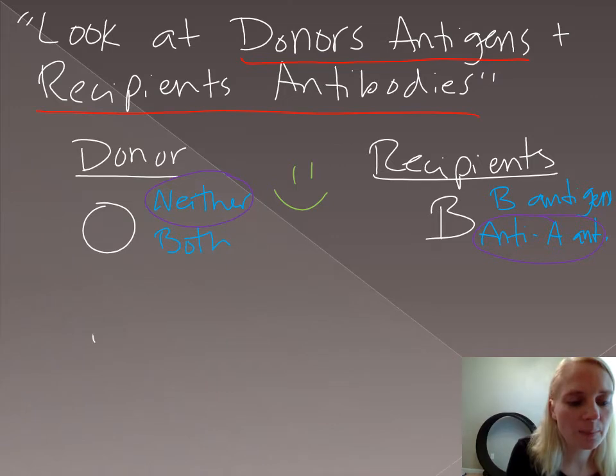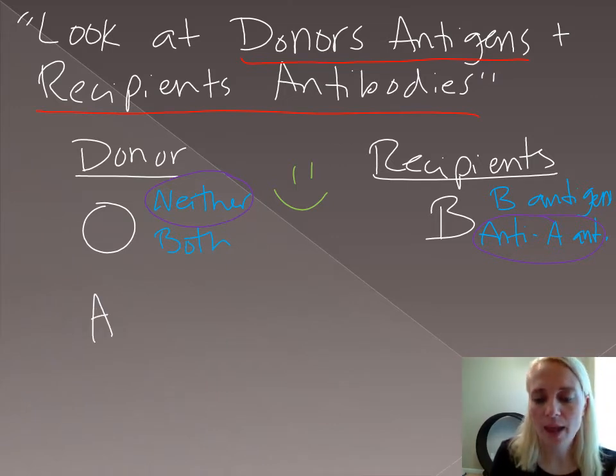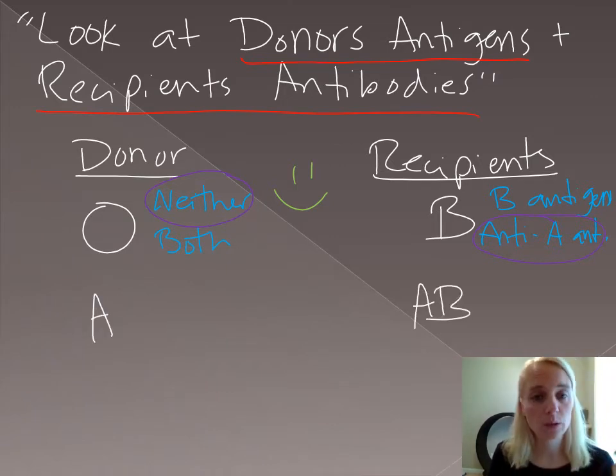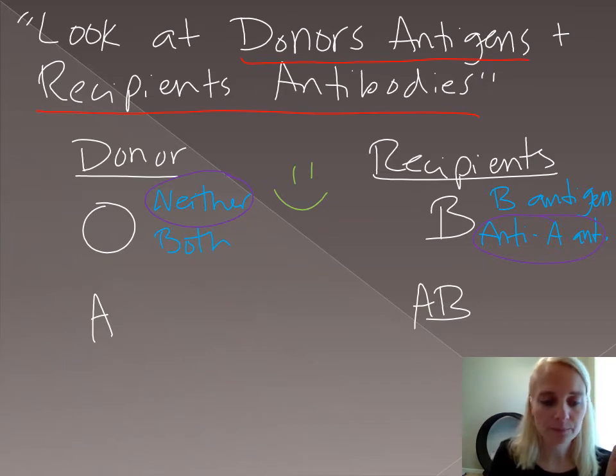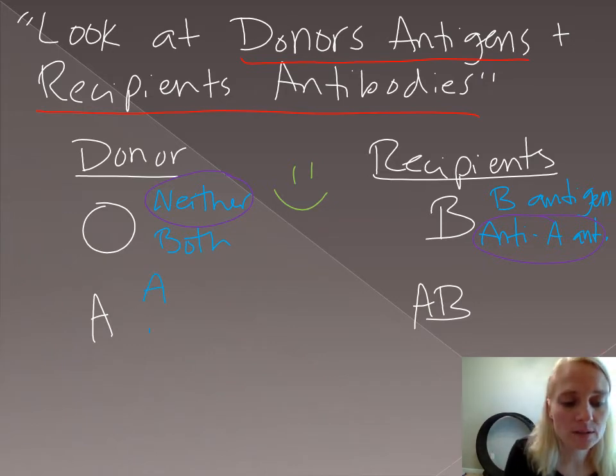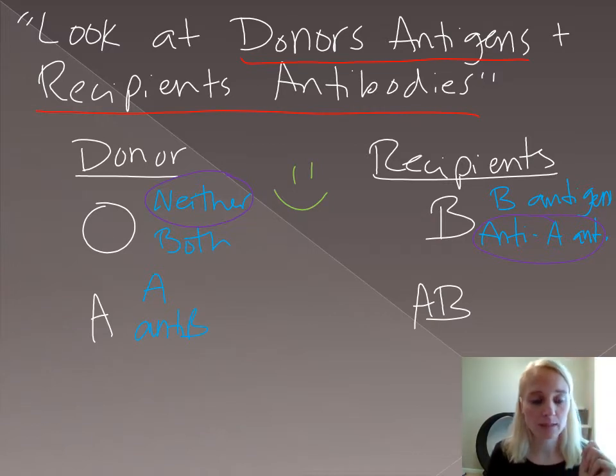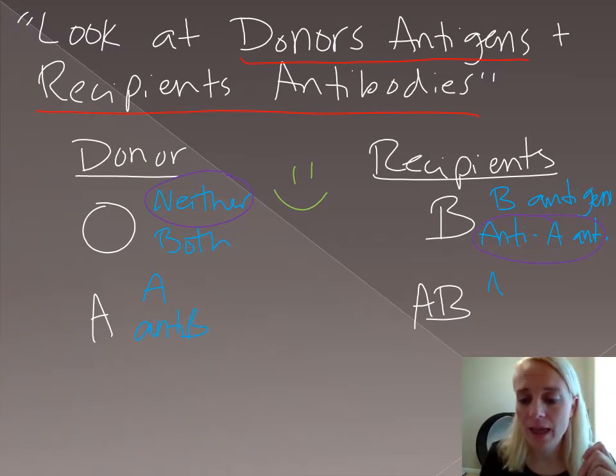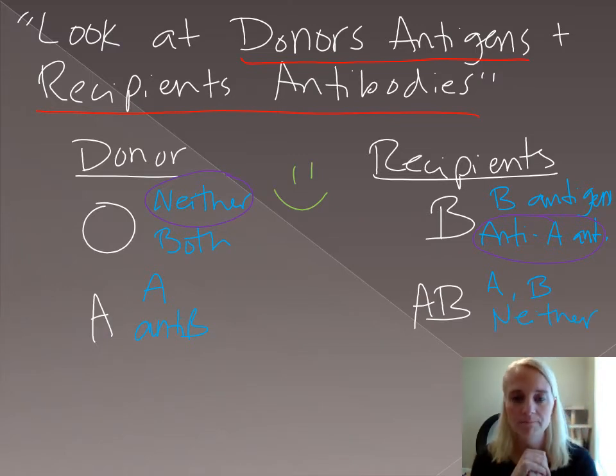What if we did type A blood into AB blood? Okay, can we do that? Well, let's write it down. So we have A antigens, anti-B antibodies. We have A and B antigens and neither antibody.